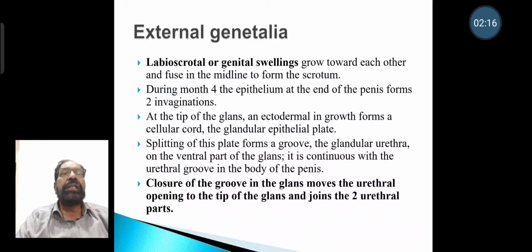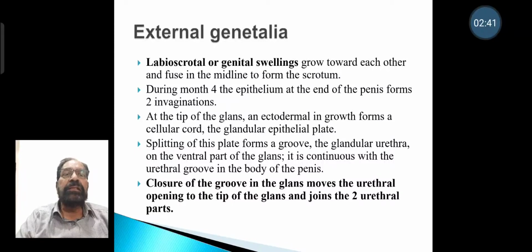The labioscrotal or genital swellings grow towards each other and fuse in the midline to form the scrotum. During month 4, the epithelium at the end of the penis forms 2 invaginations. At the tip of the glans, an ectodermal ingrowth forms a cellular cord, the glandular epithelial plate.